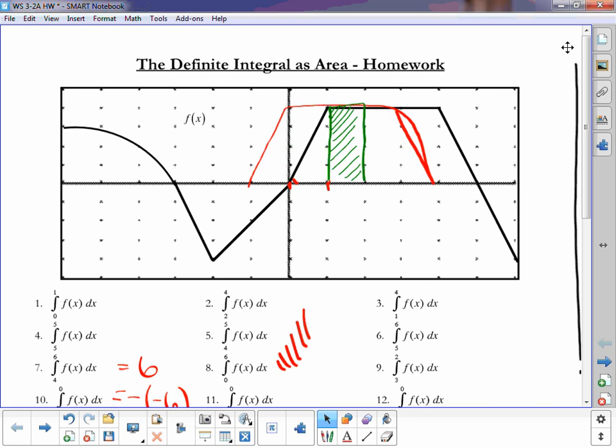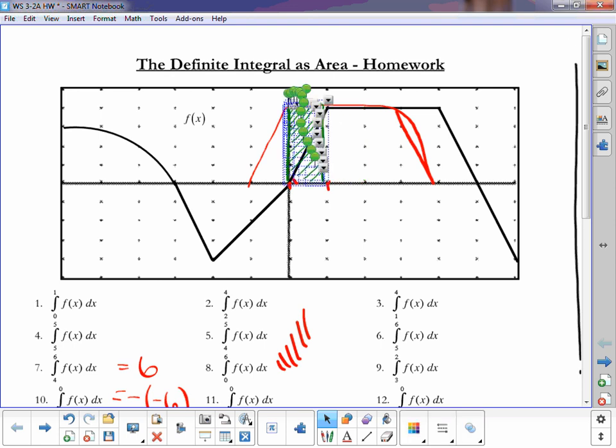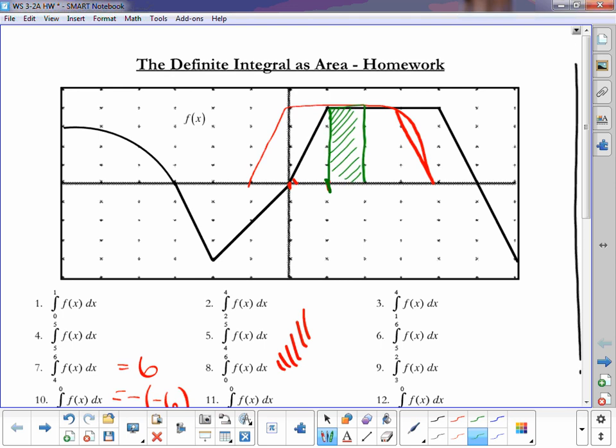Because everything got shifted left. So what was here got shifted left, and that is now what I'm looking for. So instead of me looking at my original triangle piece from 0 to 1, I'm essentially now finding that area that on the original was from 1 to 2.